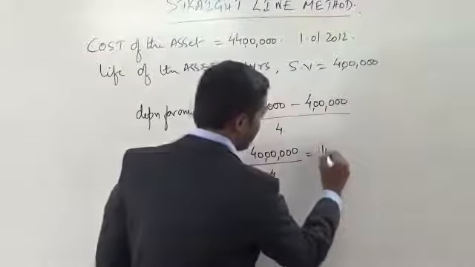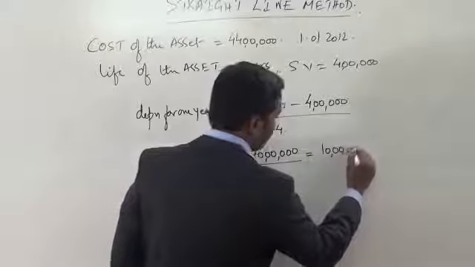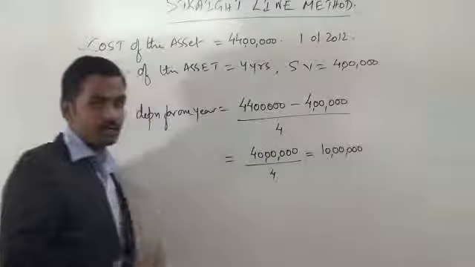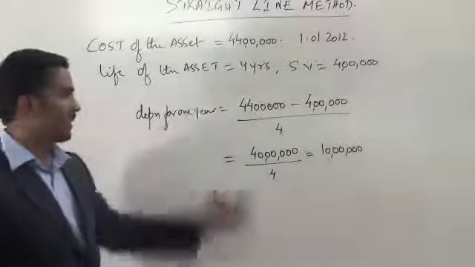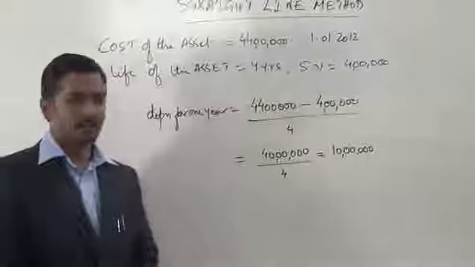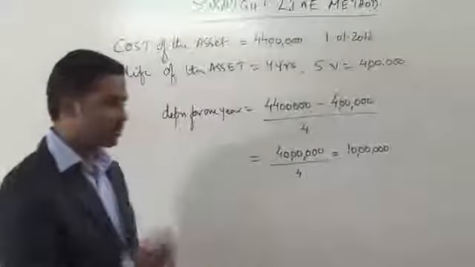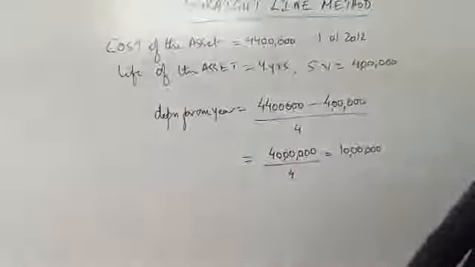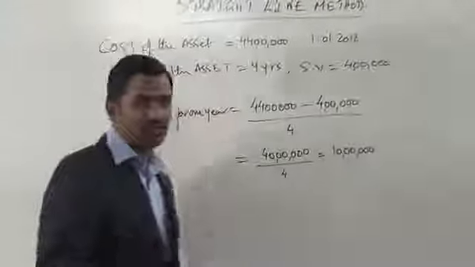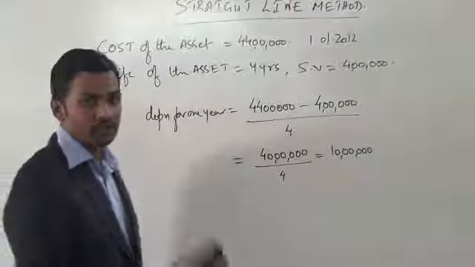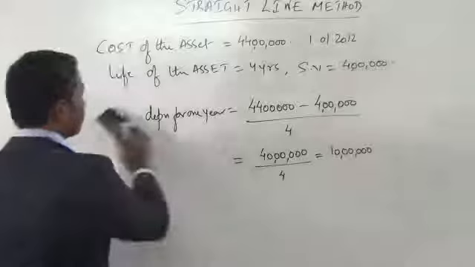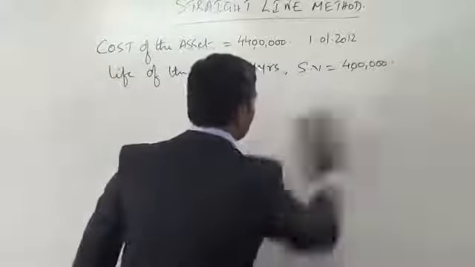The depreciation per year is 10 lakh rupees per annum. Okay, so I think the calculation becomes very simple for you. Now how to show the asset account in your books of accounts, that also I will show you now. Now what you can do is, when you are seeing the video, I think you can even record these in your notebook. And now I will show you how to do accounting for this particular asset.